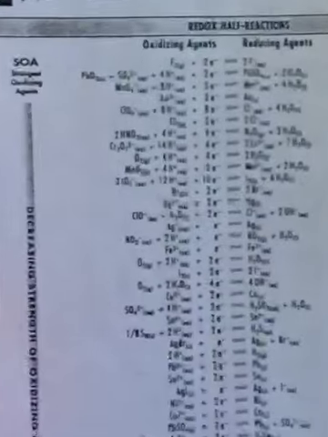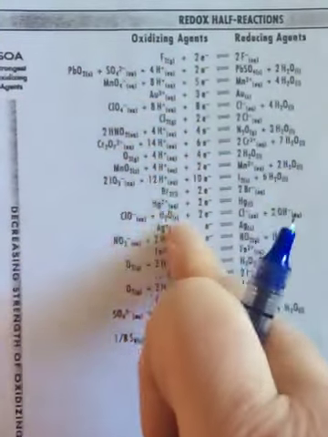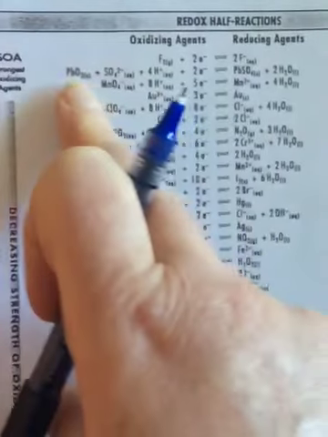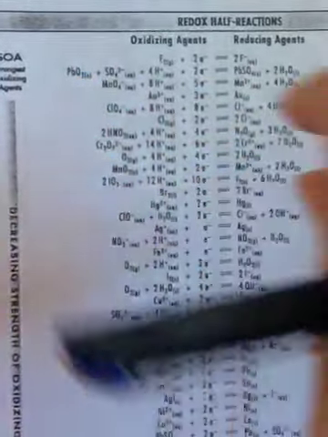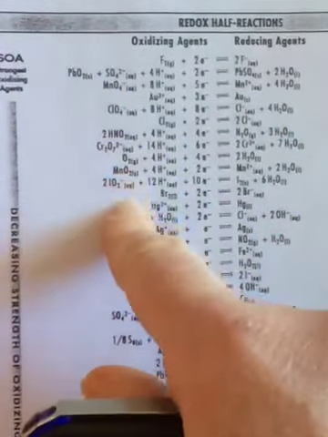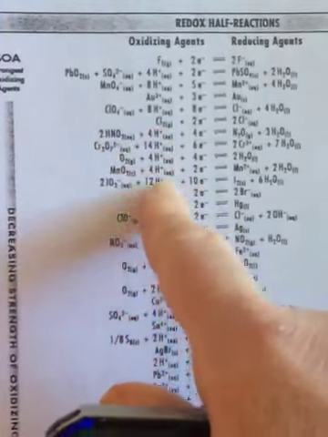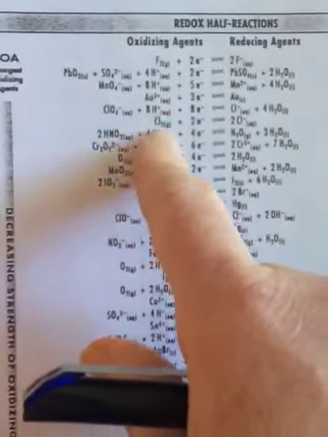All right, so if you look on this chart, though, you will see some of our nice, easy half reactions that we've been using, but then some more complicated ones that we haven't seen yet. Okay, and what we're going to move into, we'll be using all of these. Notice that some of the compounds, some of the ions show up more than once.